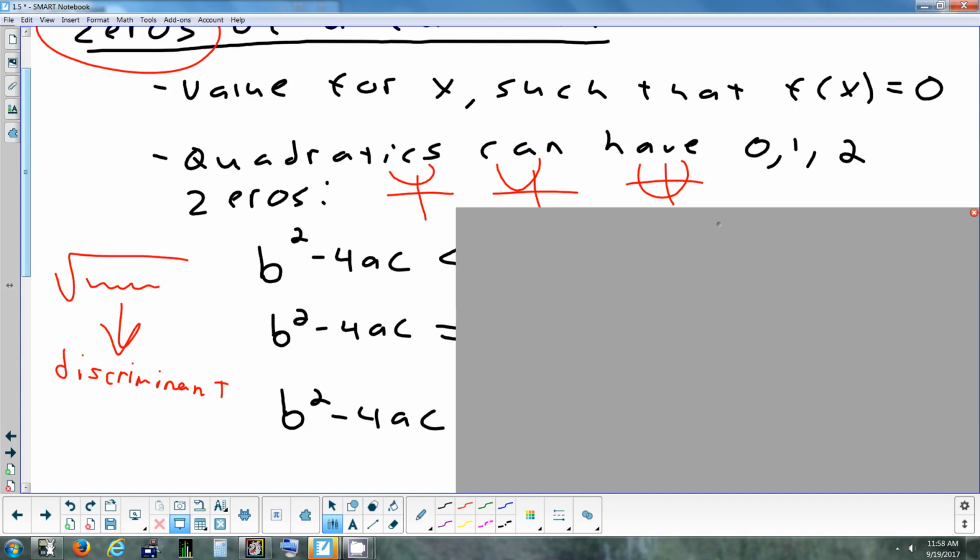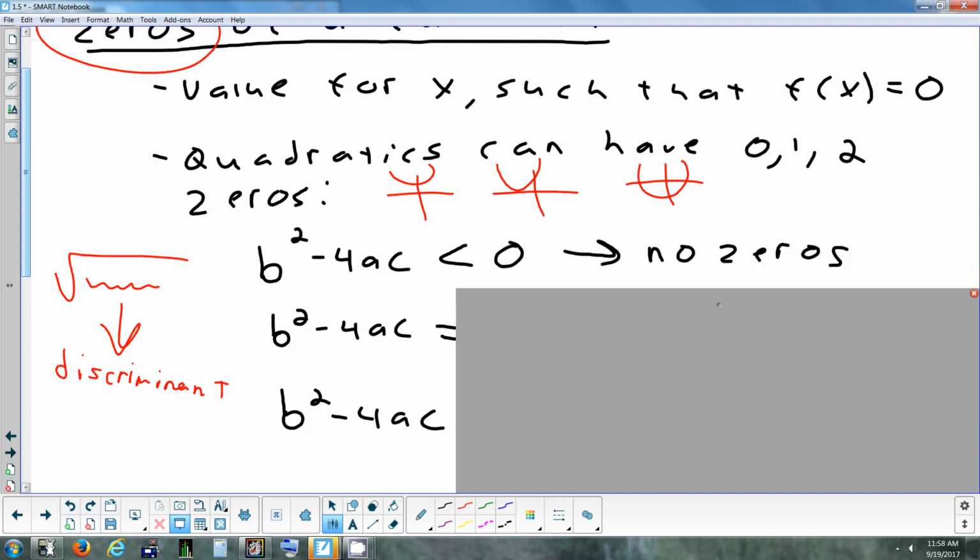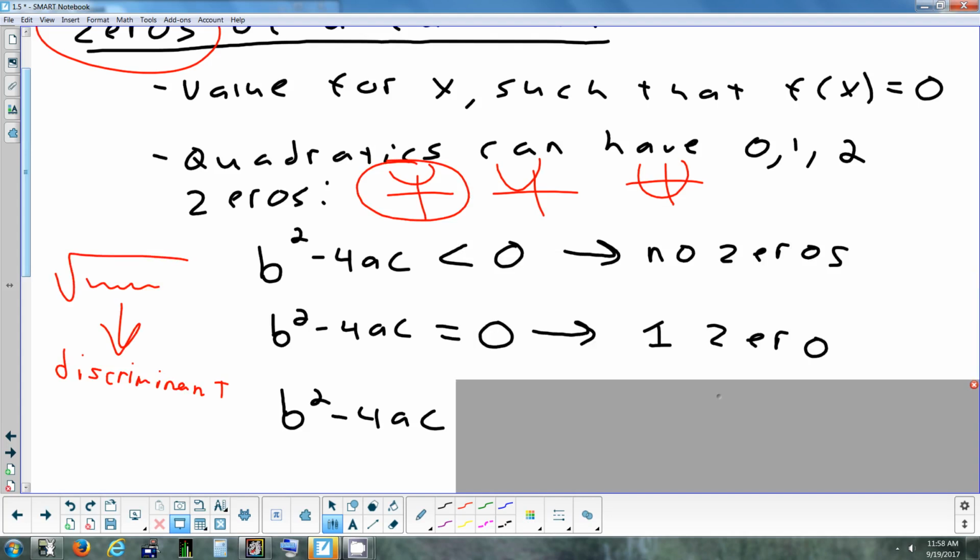If the discriminant comes out less than 0, you would get this situation right here. It would never cross the x-axis. There would be no zeros. If the discriminant comes out to exactly 0, it would be that situation.